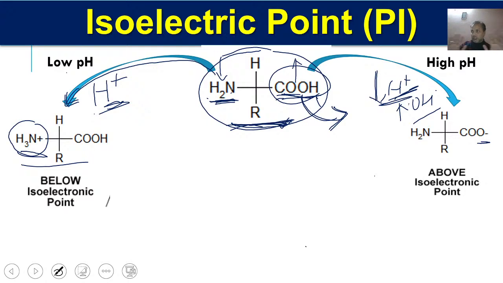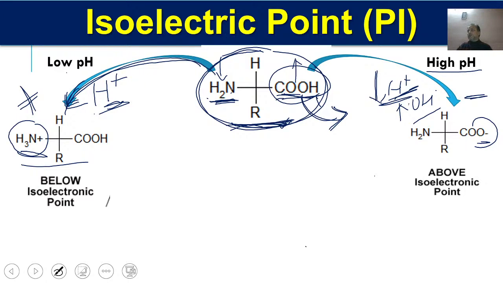So two things you need to remember here: whenever you take amino acid to lower pH, towards acidic side, amino acid will be positively charged. Whenever you take amino acid towards higher pH, towards alkaline side, amino acid will be negatively charged.